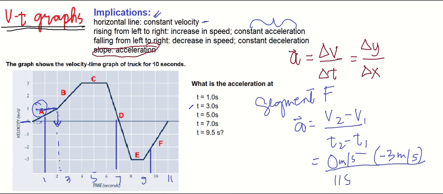So, this is 11. 11 minus, ano yung nakatapat sa negative 3 meter per second? You have 9 seconds. So, 3 divided by 2. Negative minus 3, so you will have a positive value here.